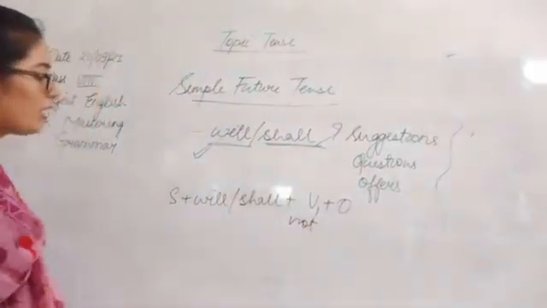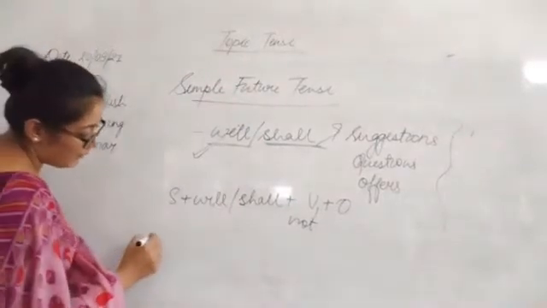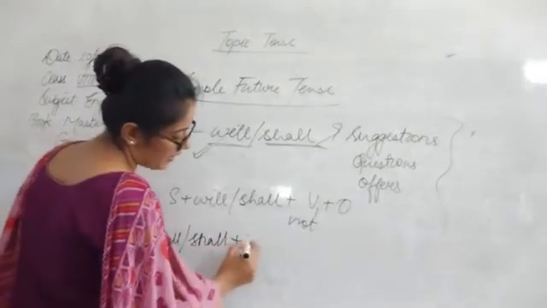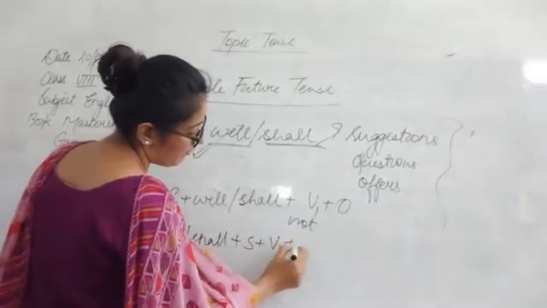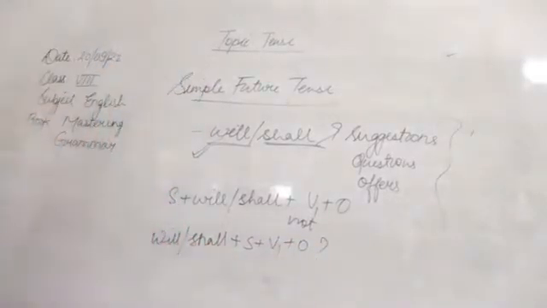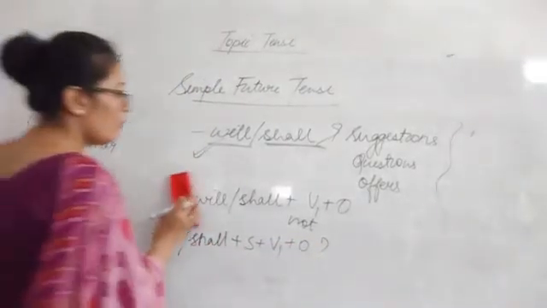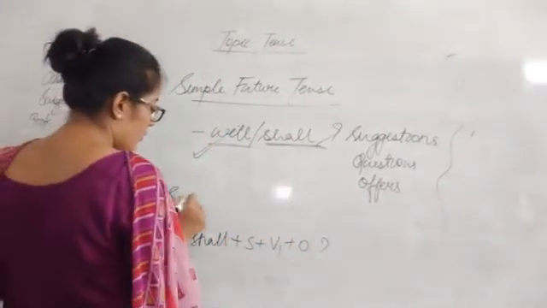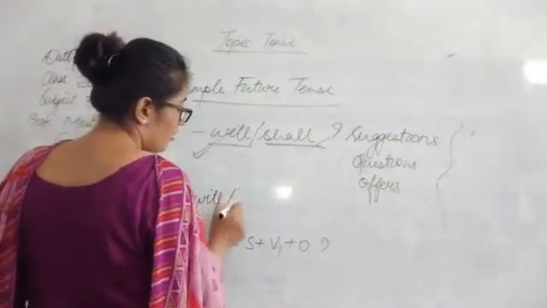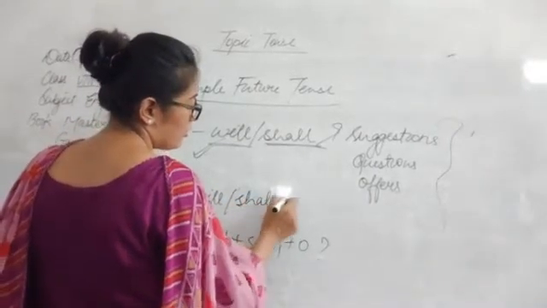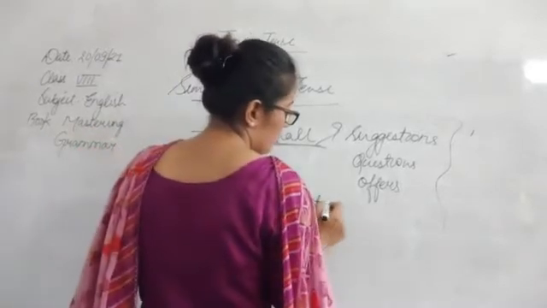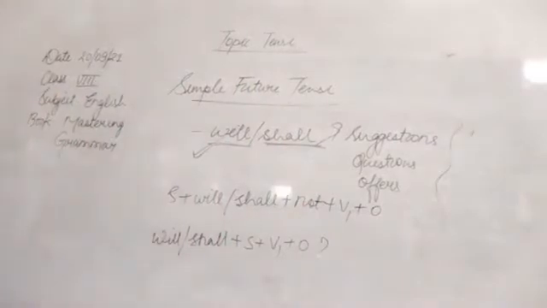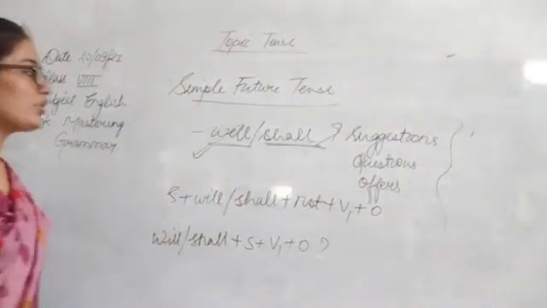And if we are talking about the question, it would be will, shall, plus subject plus verb plus object with a question mark. So with negative you just add a not, and when you want the positive sense, you remove the not. This is the negative structure.